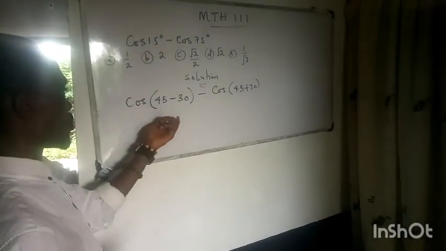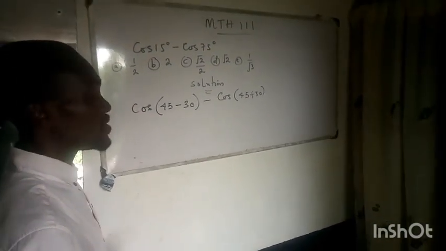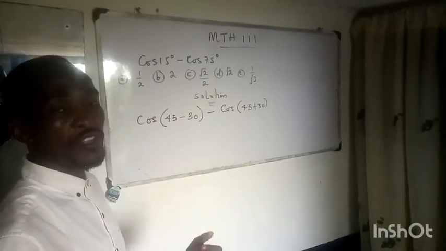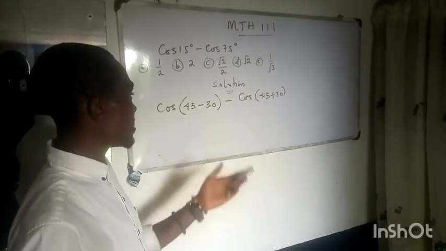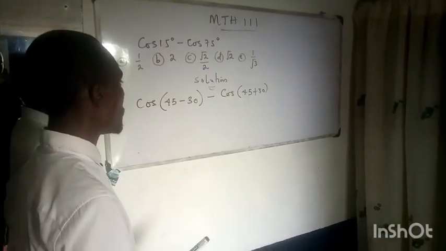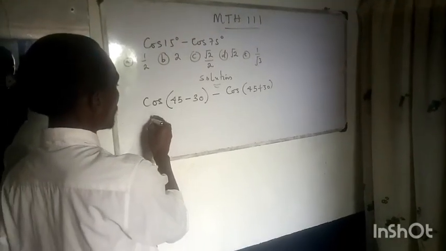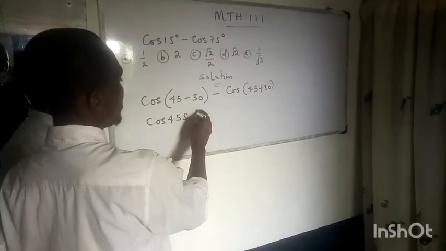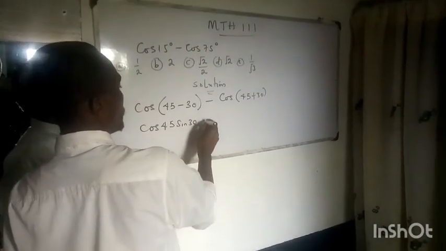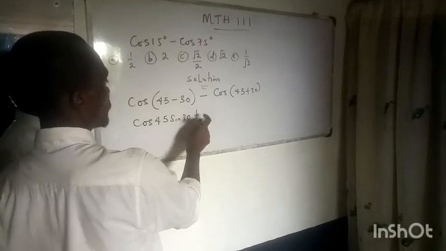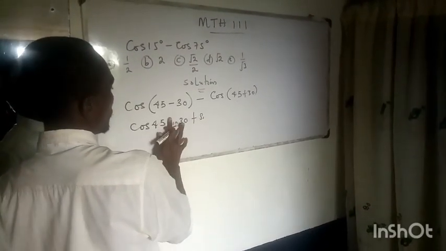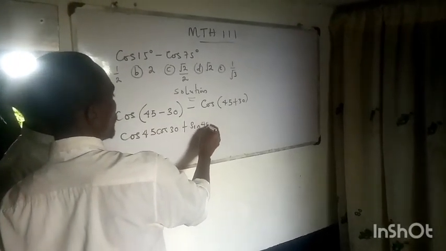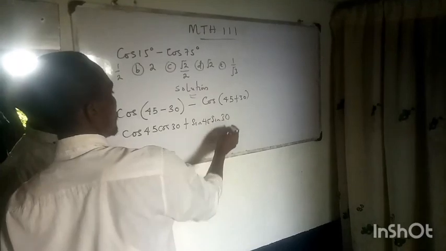So what is cos 45 minus 30? We are going to use the compound angle expansion of the cosine. Using the compound angle expansion, cos 45 minus 30 is cos 45 cos 30, and since it is minus here, it should be plus here, sine 45 sine 30.